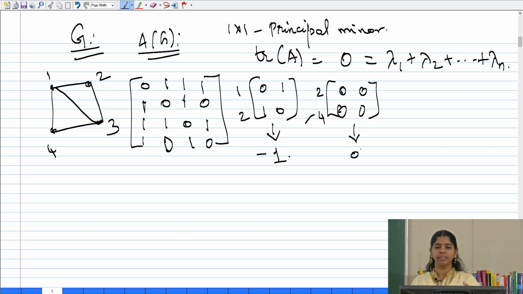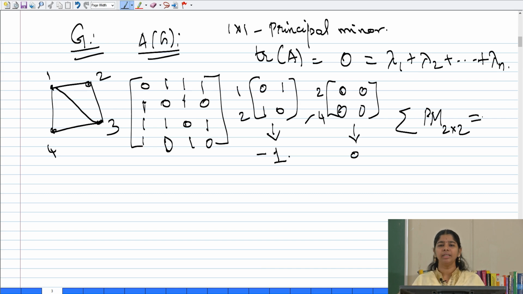If I take i comma j, then I will have a minus 1 as the principal minor in that case, right. So, if you take the sum of all these things, it is going to be the sum of all the principal minors of order 2, right, 2 by 2 principal minors. I am just writing it roughly, okay. So, this is not a notation, just to convey it to you.